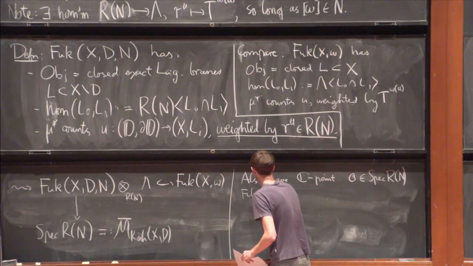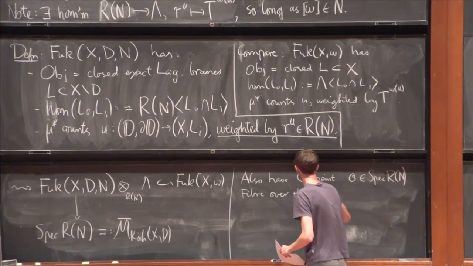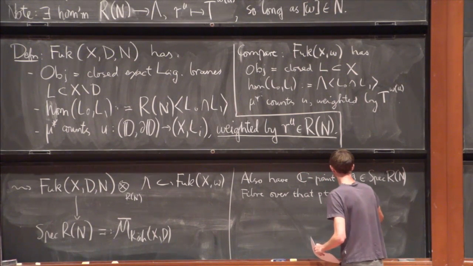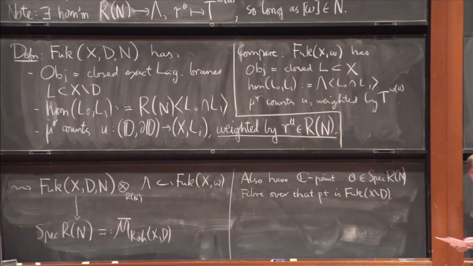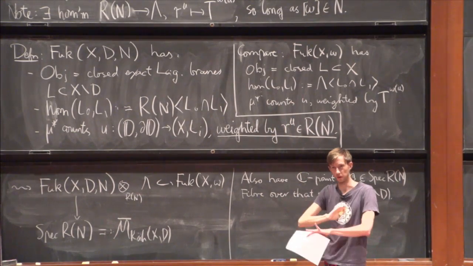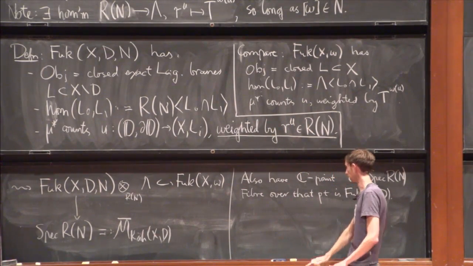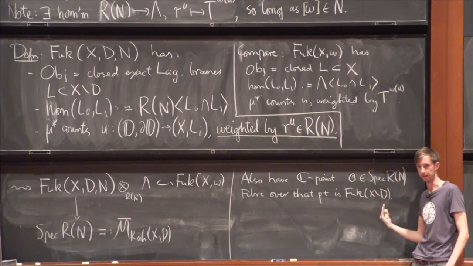And that corresponds to setting r to the u equal to 0 for all u not equal to 0, which corresponds to taking the Fukaya category of the complement of D.